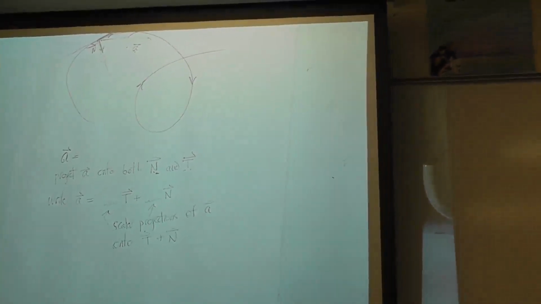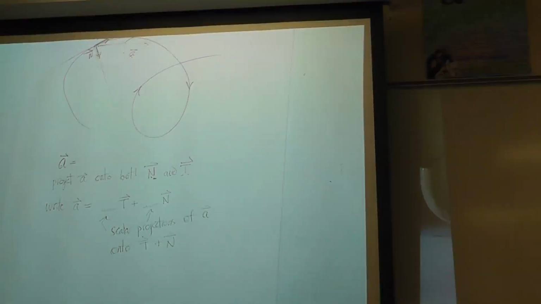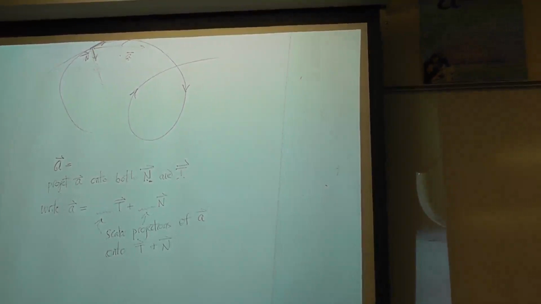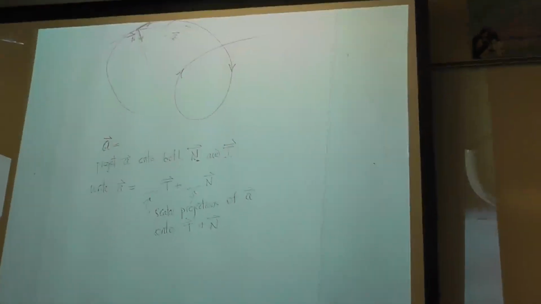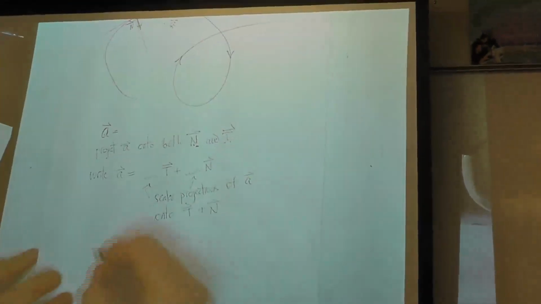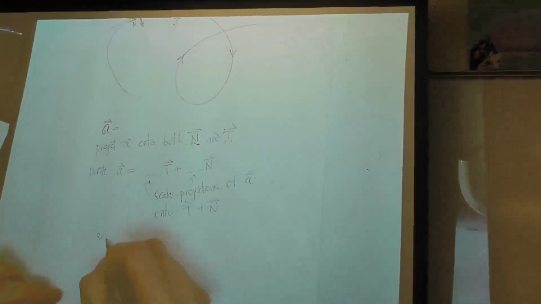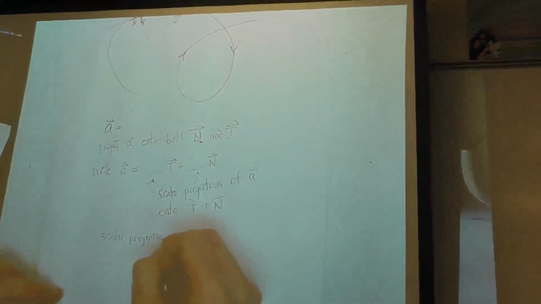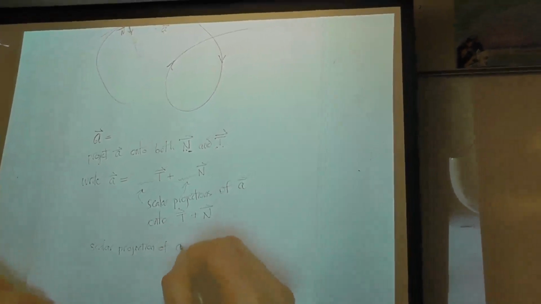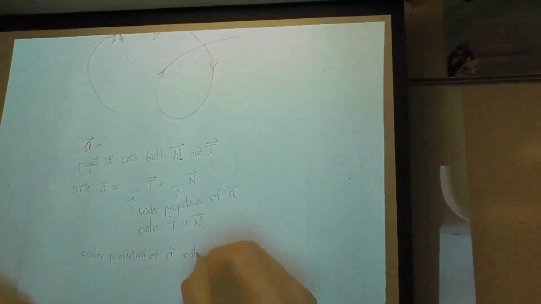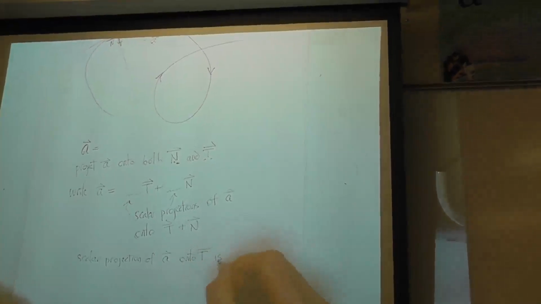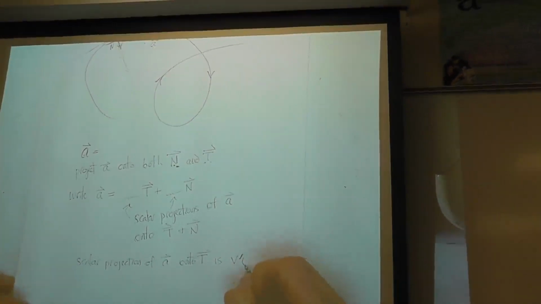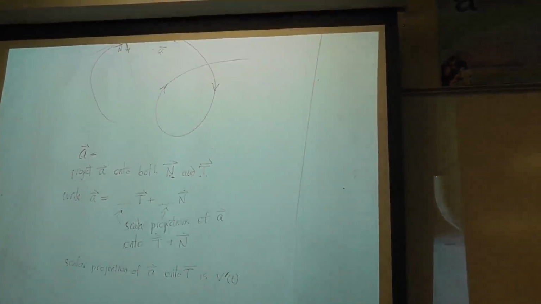Somebody does a lot of fiddling around, and it is a given that the scalar projection of acceleration onto T is V prime of T. Okay, now be very careful.